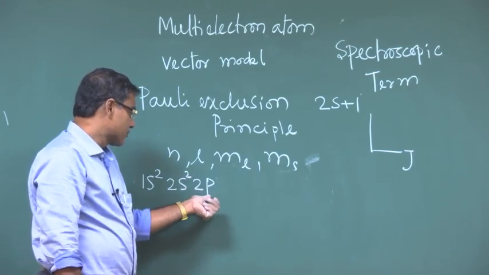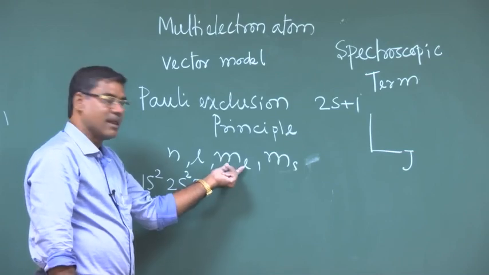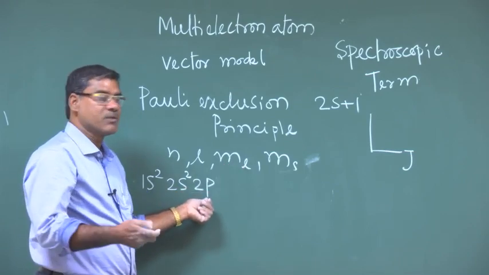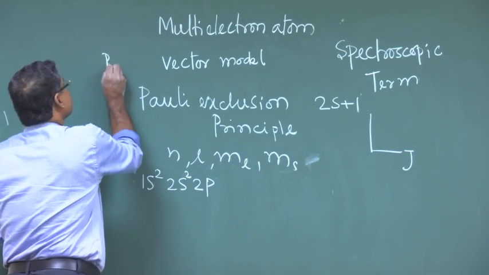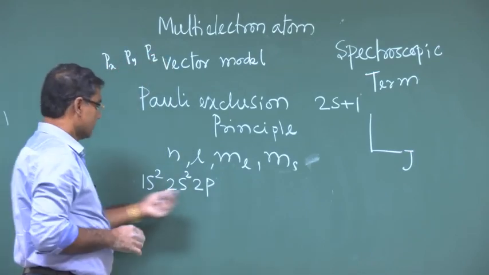So, this p again has 3 values due to ml. So, we call them px, py, pz. Okay.